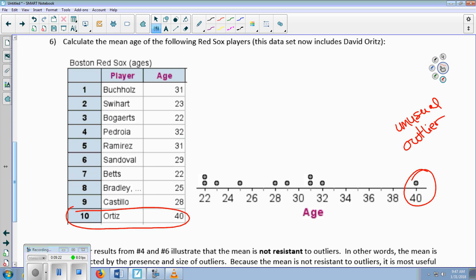And so now let's see what happens when we calculate our new mean. Our mean is going to be x bar, and it's going to be the sum of all of our data points, which we just summed up already, and they were 243. So we don't need to resum those.